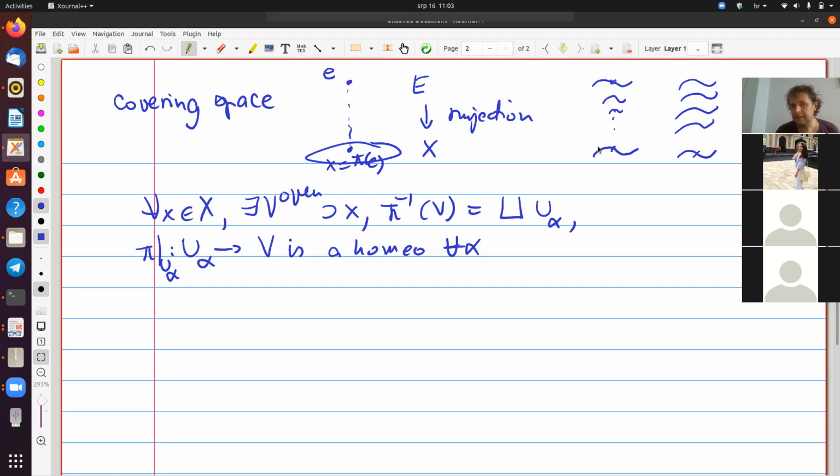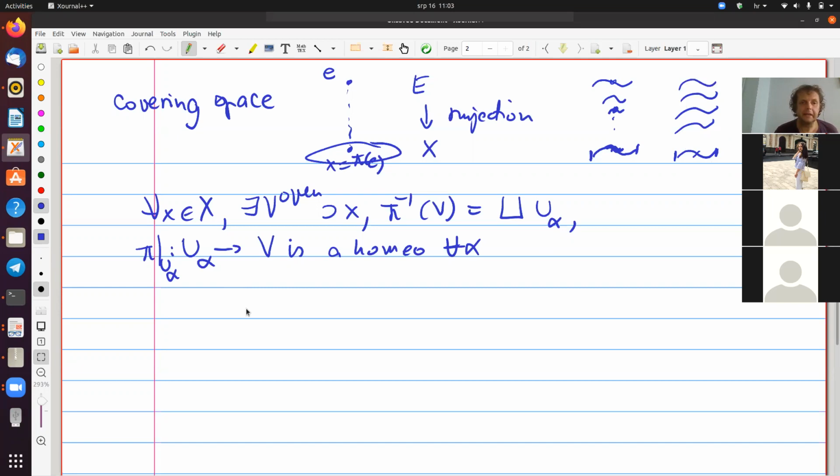Around this point there is also some twirl which is homeomorphic to its image, but maybe this image is smaller. Maybe you cannot choose one and the same. Here you choose one and the same downstairs, and in the pre-image, all these are open sets.